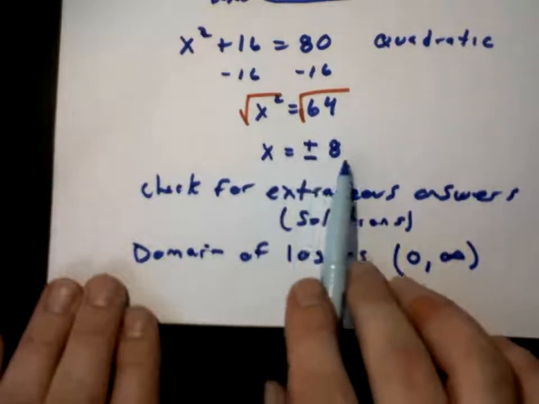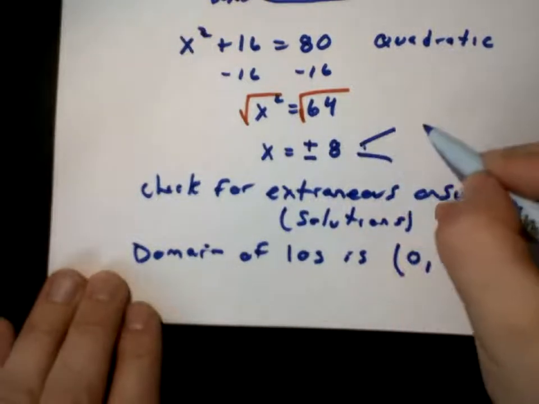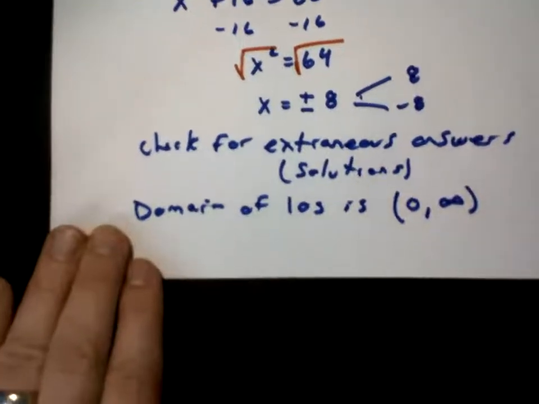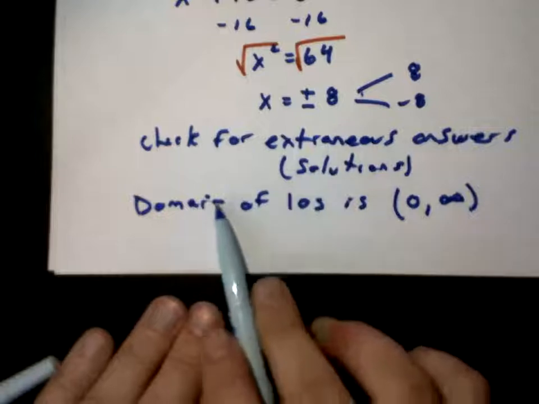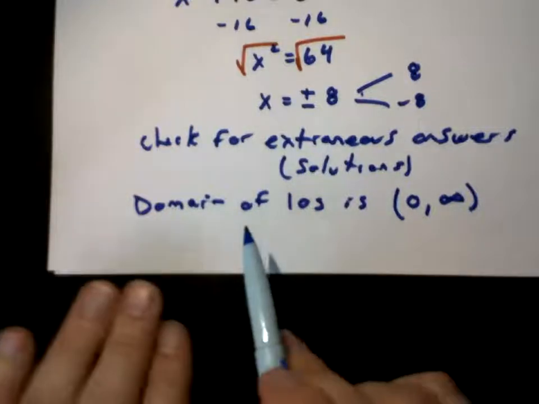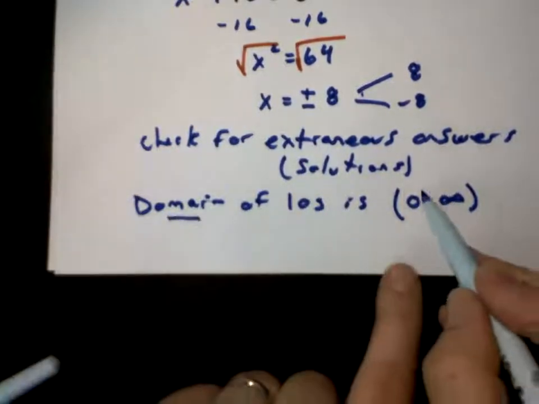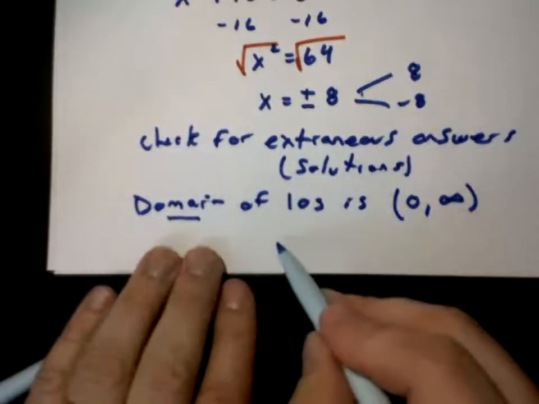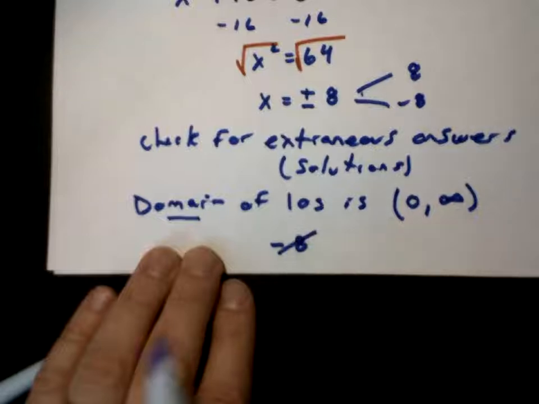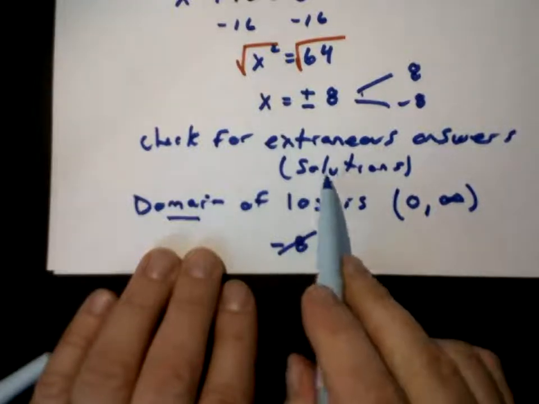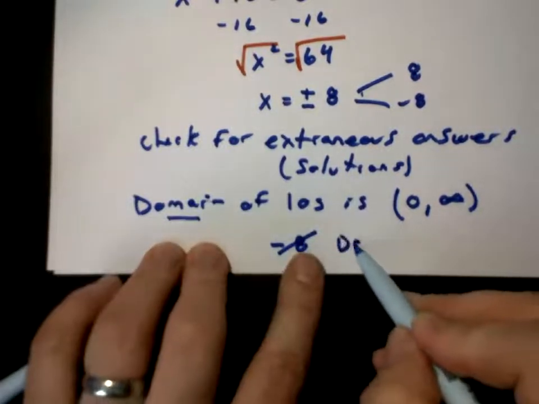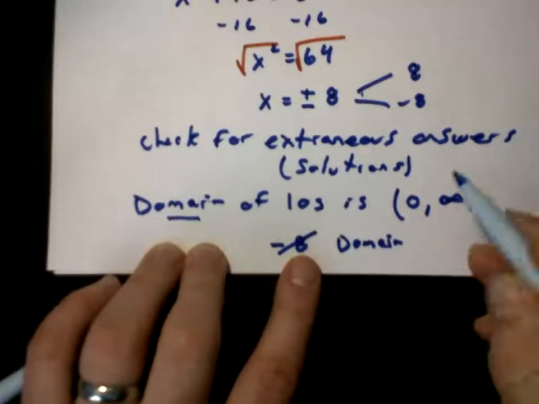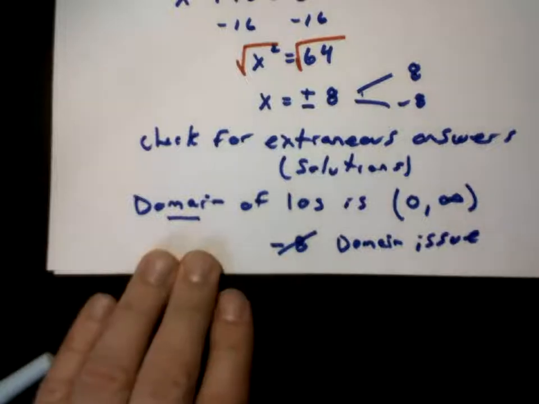So this right here has two answers, 8 and negative 8. But according to our definition, or domain, I should say, our domain of a logarithm, you can't have anything negative. So we're going to say negative 8 is gone because there's a domain issue here.